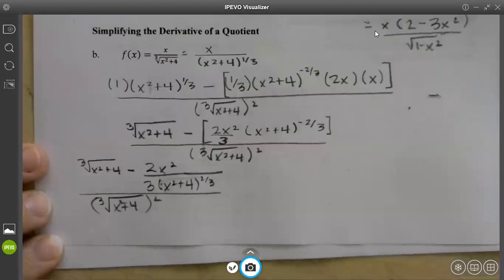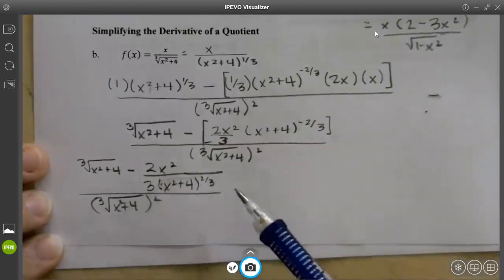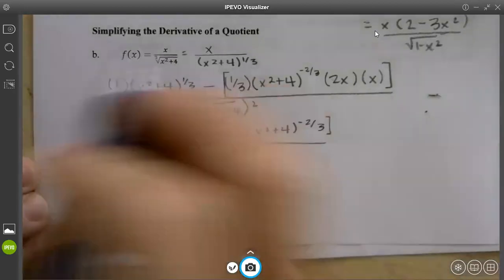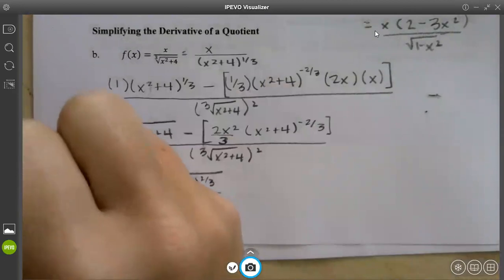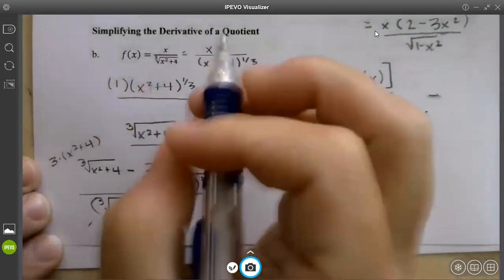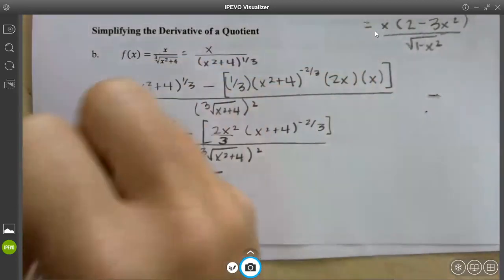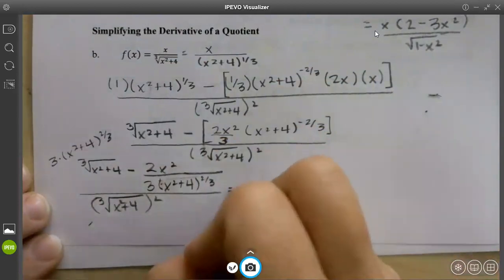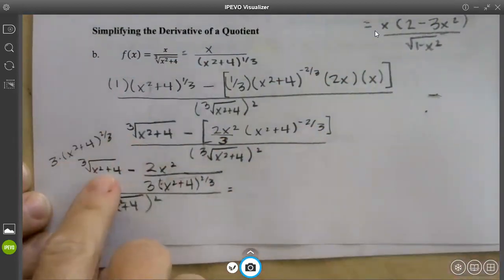All right, so what's on common denominator? So this needs a 3. And it needs an x squared plus 4 to the 2/3. What was this one? How do I fix this one? This one is the what?